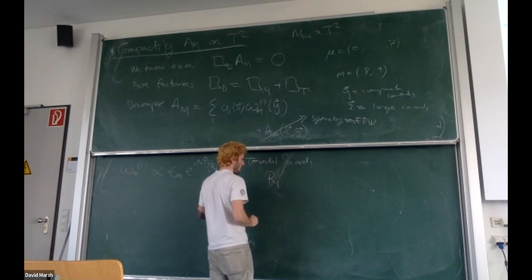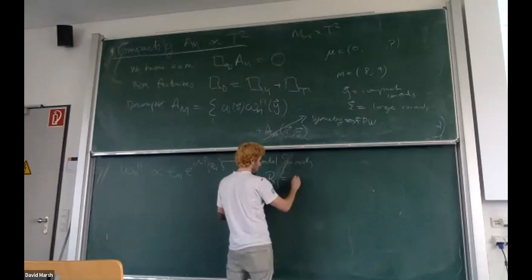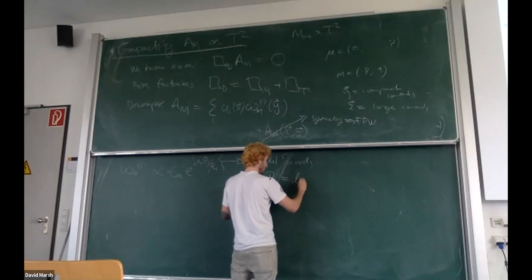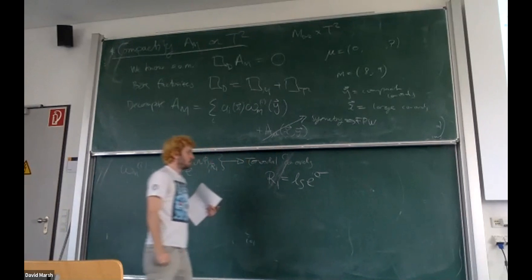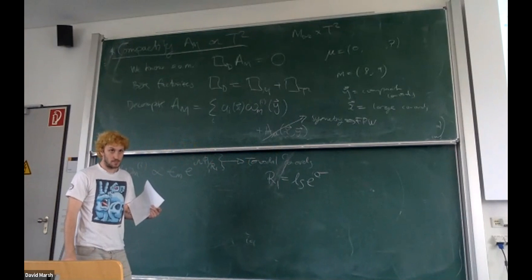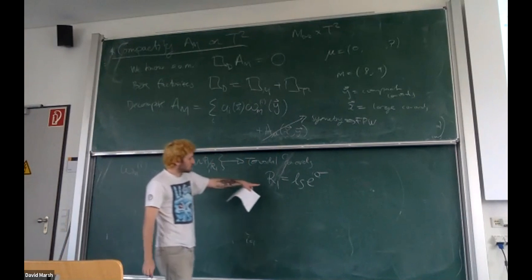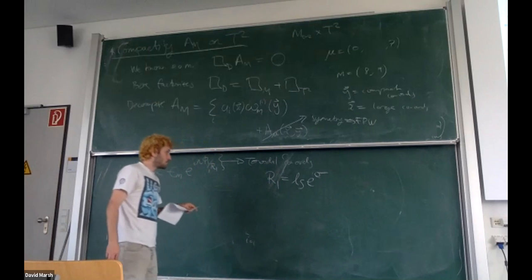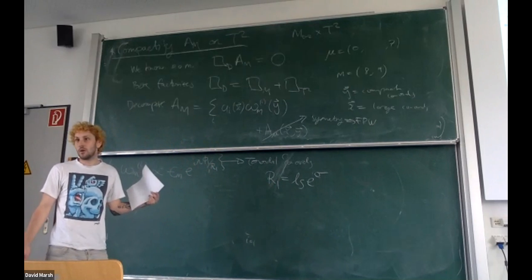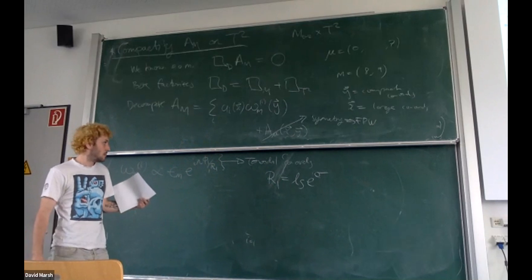Where r1 is equal to the string length and e to the sigma, where sigma is our modulus. We always require any distance in this case to be larger than the string scale, because otherwise the effective field theory that we're assuming would not be valid.